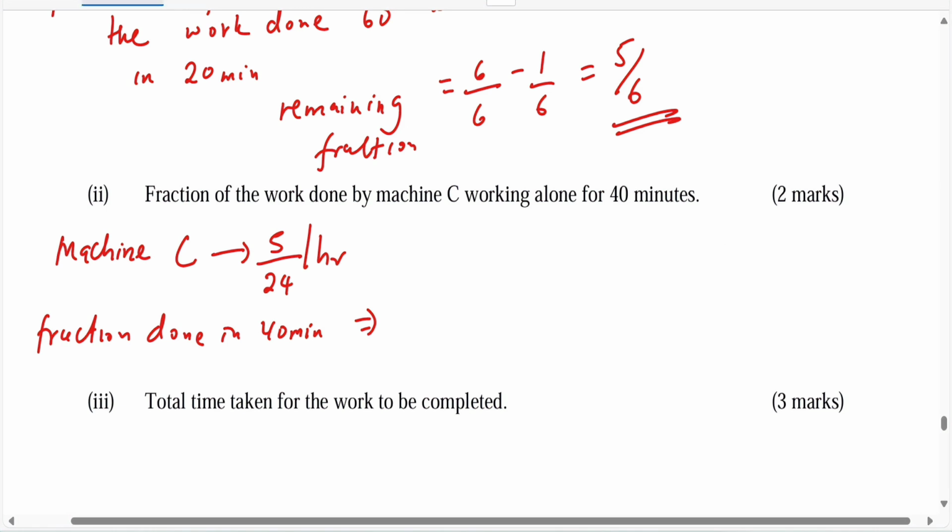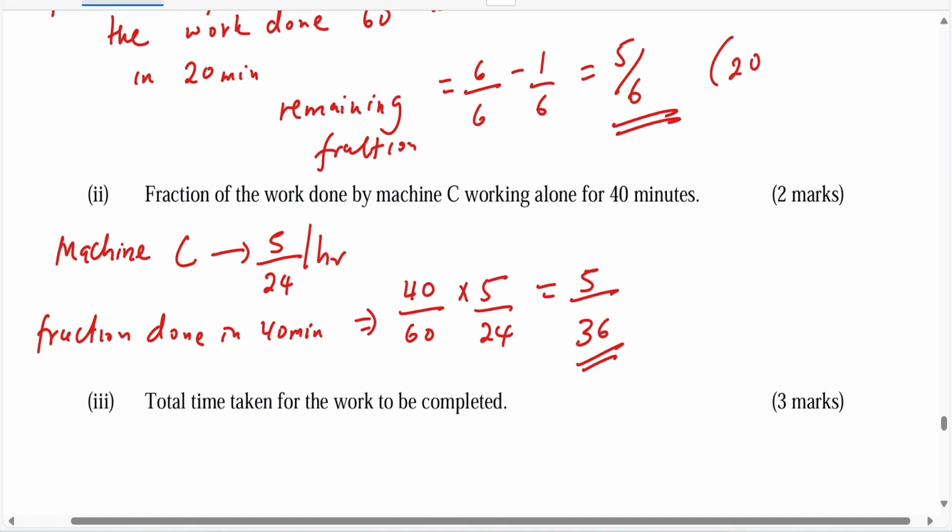Somehow this is an easier approach. So utachukua 40 out of 60 multiply by 5 over 24, na inakupa 5 over 36. So hii ni 40 minutes.